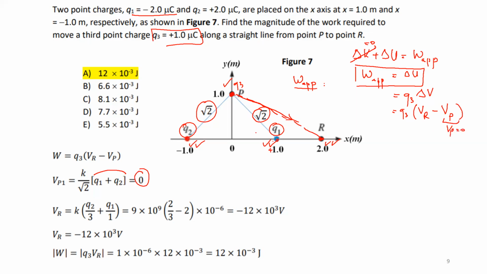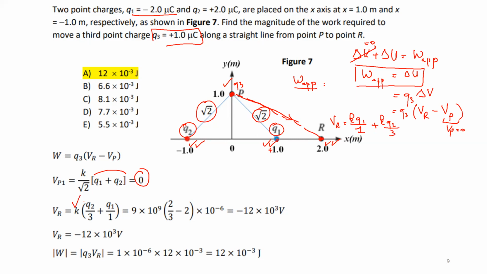Now what about VR? Well, VR here, I can calculate it. It will be K Q1 divided by the distance. Now what's the distance between Q1 and R? It's just 1. Plus K Q2 divided by the distance. What's the distance between R and Q2? It's just 3.